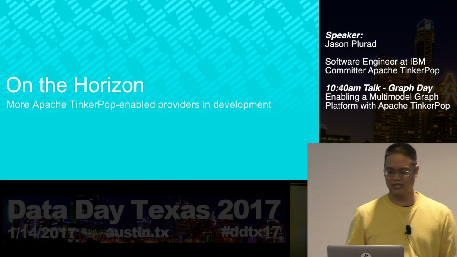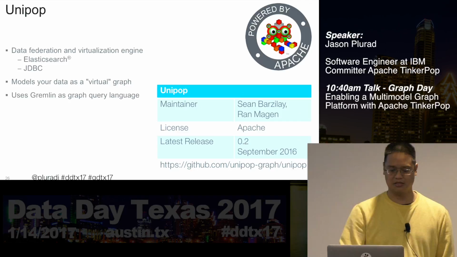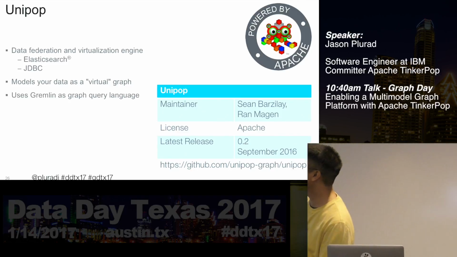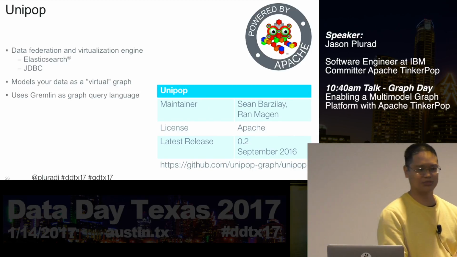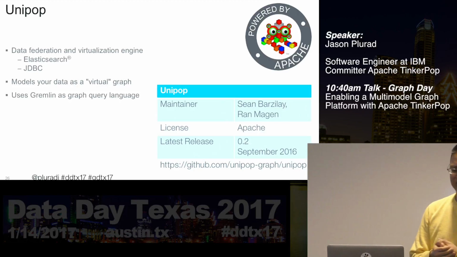So what's on the horizon for the TinkerPop ecosystem? More providers. Unipop, this is an interesting one. This is a data federation platform that they're trying to do virtual graphs on top of Elasticsearch. They have a JDBC connector too, but I think Elasticsearch is the more interesting one.